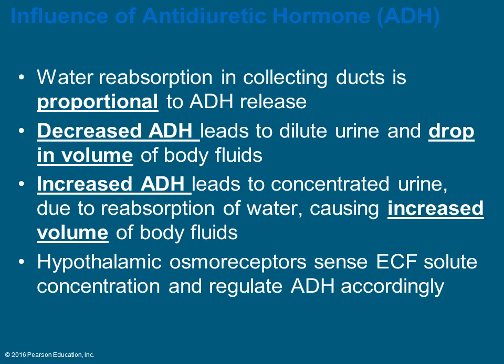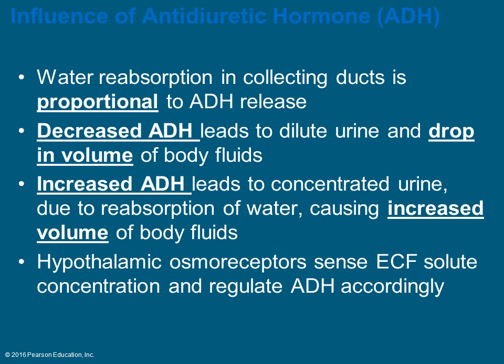You're going to use that to increase the volume of the body fluids. Essentially, you're taking that water out of the urine and keeping it in the body. Some of it may go in the blood, some of it may go in the interstitial fluid, wherever it's needed. And so the urine becomes much more concentrated because you took more water out of it.